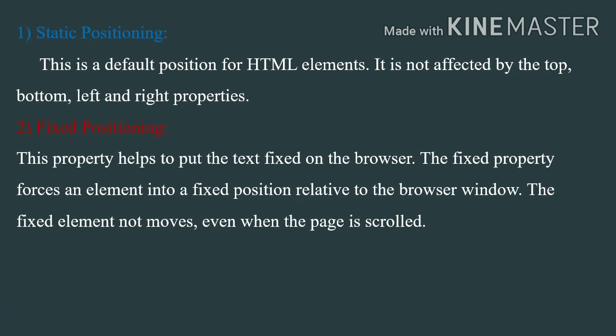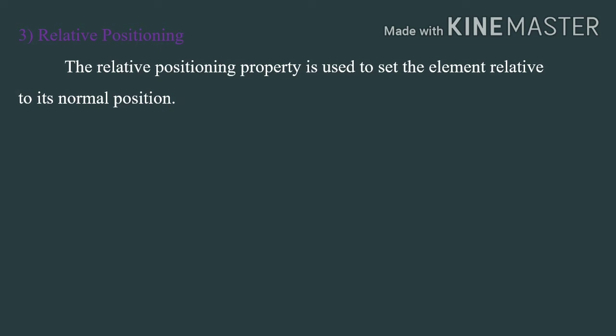Okay. Then third type, relative positioning. The relative positioning property is used to set the element relative to its normal position. Now we know that when we are inserting any HTML element on a web page, it is located naturally to the left of the web page.